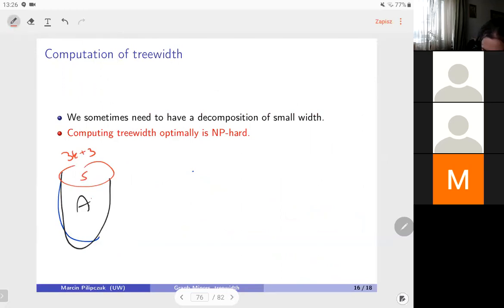And I know that there exists a set X, which I will draw in green here, such that for every connected component of G of A, applying the previous lemma to G of A minus X, contains at most half of the vertices of S.